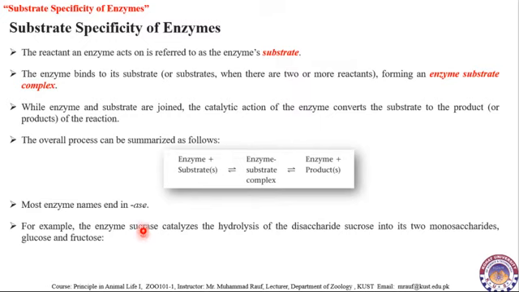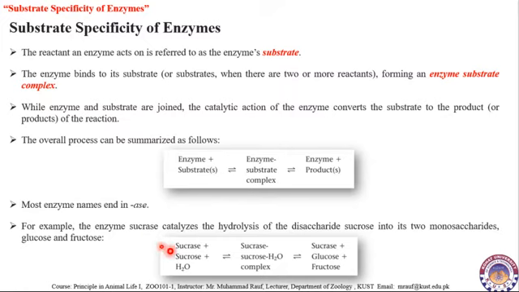But remember, this is not a hard and fast rule. Sucrase is an enzyme responsible for the conversion of sucrose into glucose and fructose. First, the sucrase binds with sucrose and the enzyme substrate complex is established, and then the products are formed.